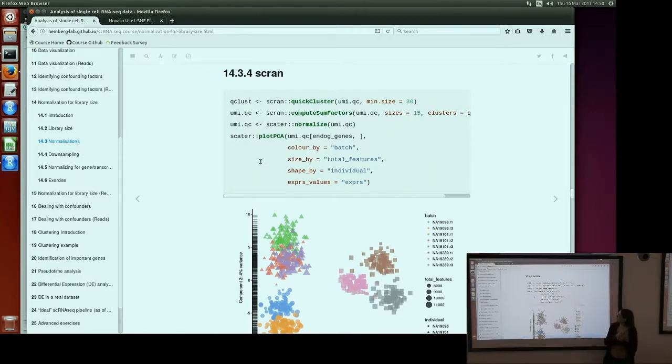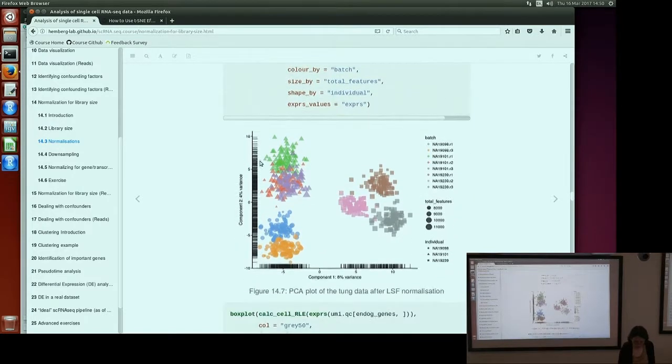And then it will compute the size factors for each of those pools before deconvolving them back into size factors for each individual cell. And then we apply the normalization using that function, and the normalized values will get stored into the exprs slot of Scater.